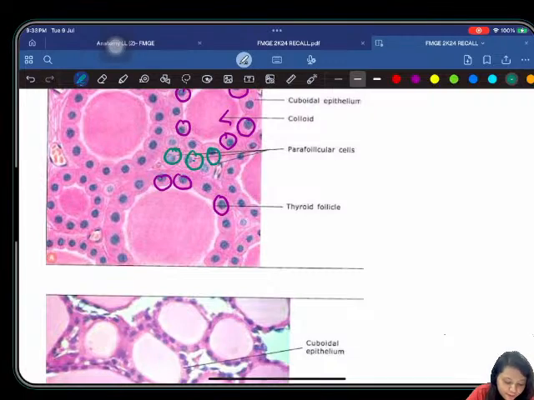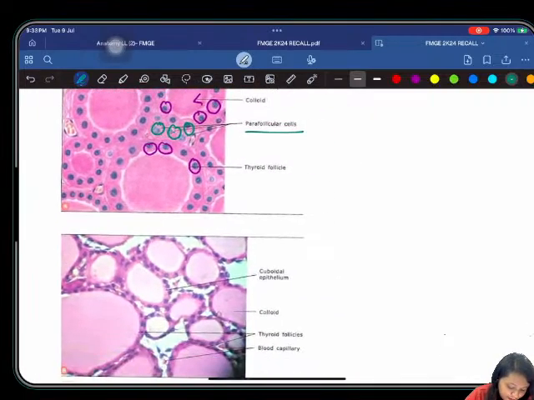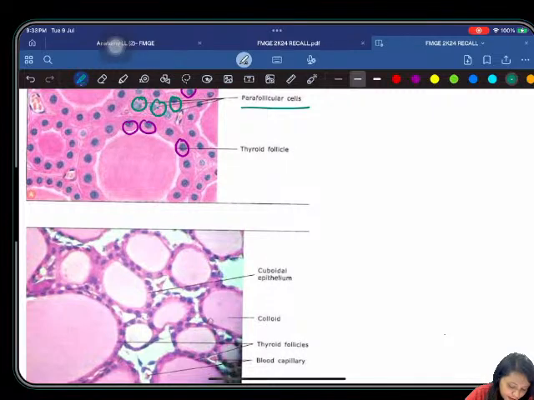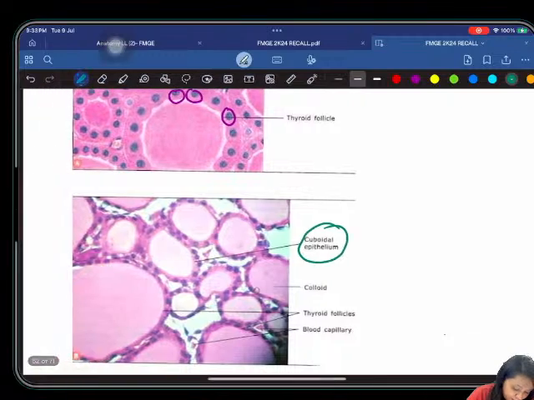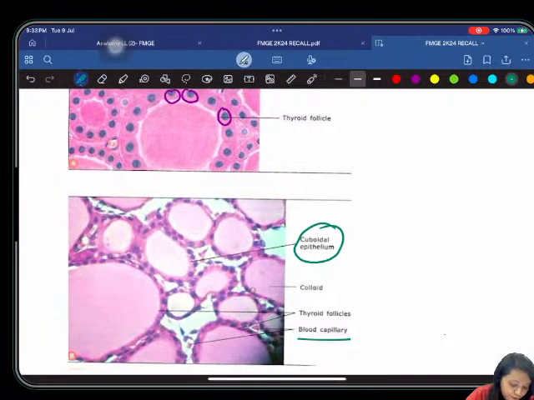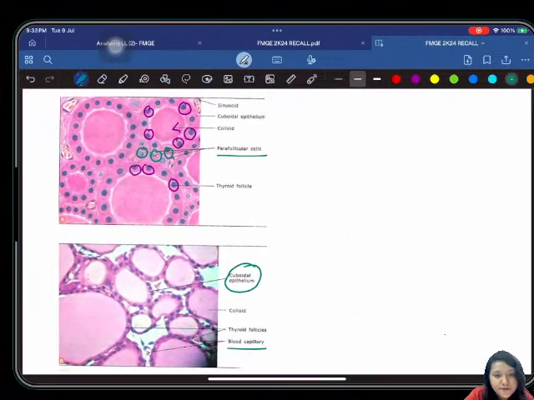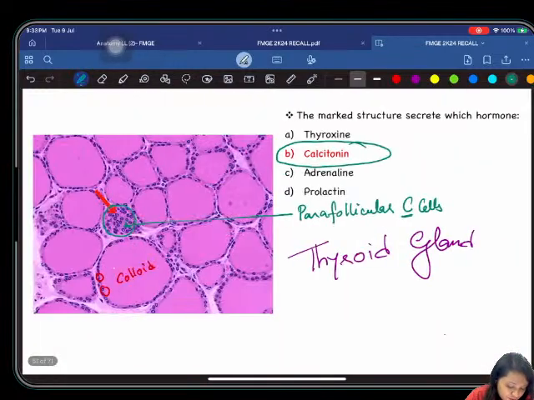These are mostly lined by the cuboidal epithelium, but this differs on the basis of active, hyperactive, and the resting stage. And these are the blood vessels you can see here. So when we study the thyroid gland in histology in the anatomy section in the next few sessions, I am going to discuss histology in a better way. So the answer here is your calcitonin.